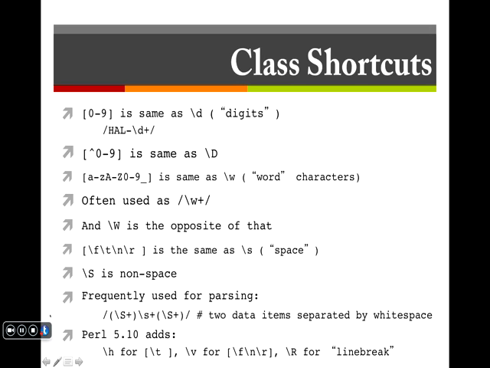Now for the space, which can be either the form feed, the tab, the newline, or the return, it can be substituted by backslash s. So whichever operating system you are using, how it deals with the newline will be handled.